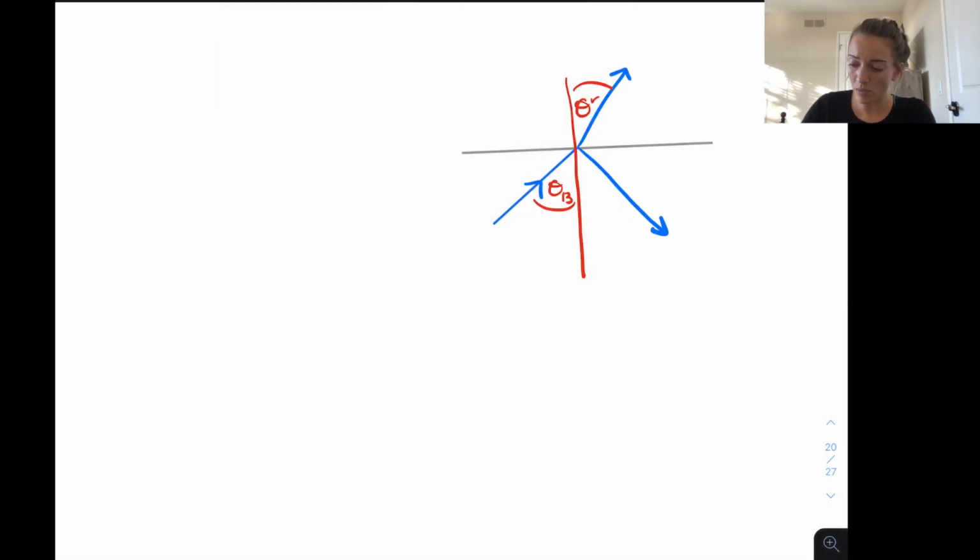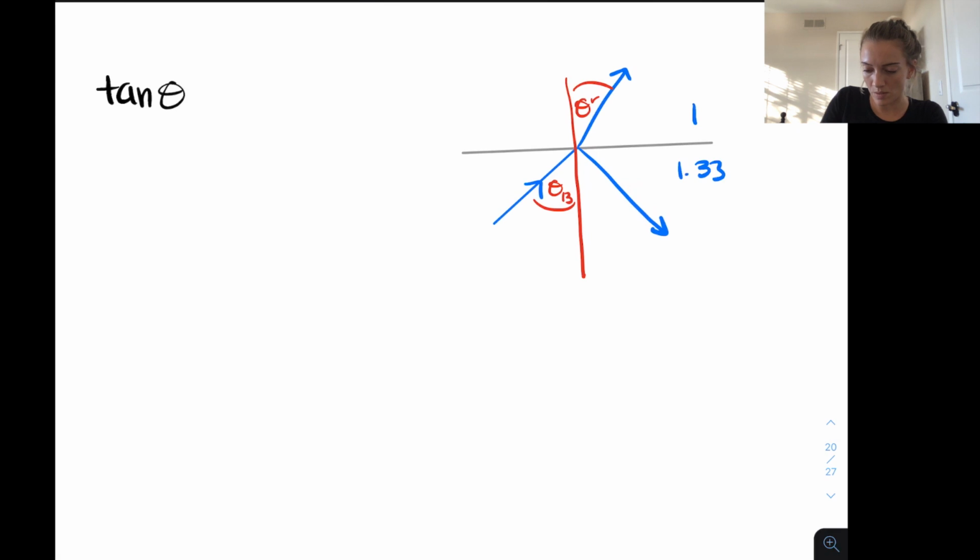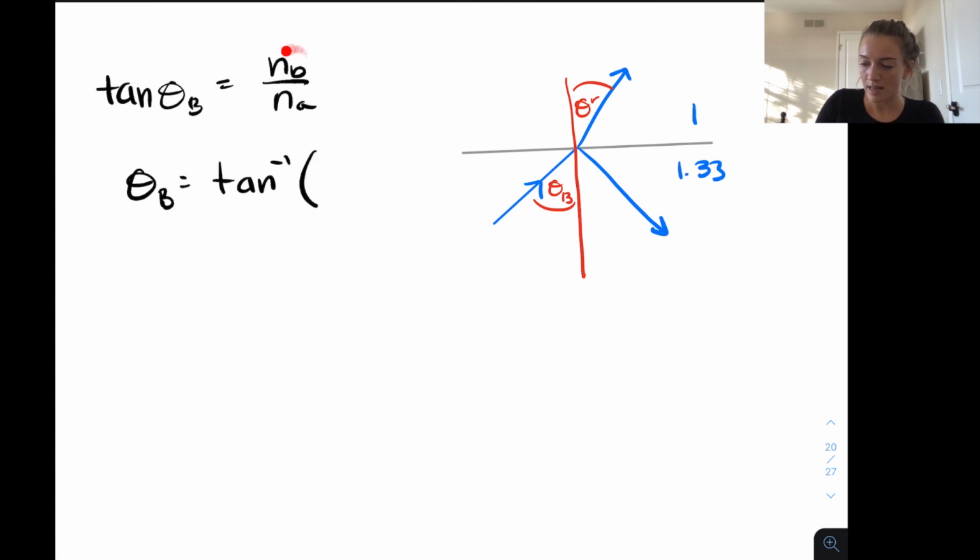Okay, so this is almost exactly the same as part A, but we still have 1.33 in the water, obviously, and n is equal to 1 in the air. But now when we take the inverse, so we have tan inverse, now our n_B is 1, right?